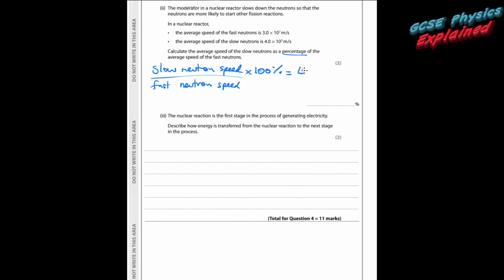The slow speed was 4 times 10 to the 3 meters a second, and we'll divide that by 3 times 10 to the 7 meters per second, multiply it by 100%, and that comes out as 0.013 recurring, 333%.